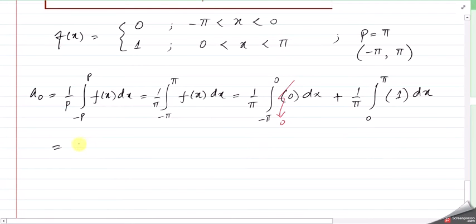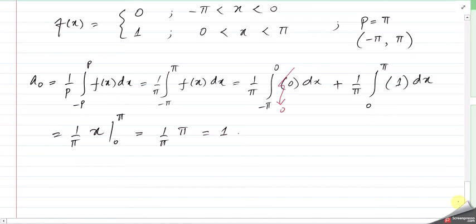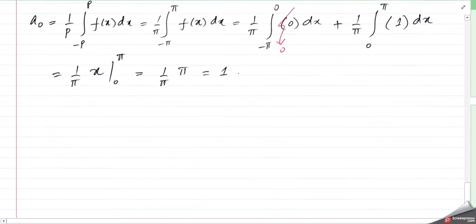The second integral gives us the integral of 1, which is x, so 1 over pi is outside, 0 to pi. So 1 over pi times pi, our answer is 1. So that is our first integral. Right, the second integral is an.